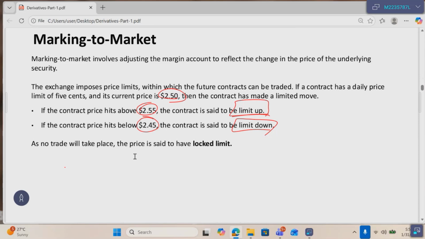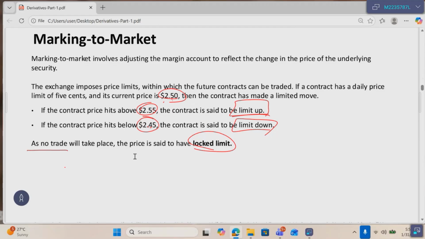So I do have a position based on that, but I need to look at what's the amount involved. They're saying no trade will take place, because of the lock limit. Obviously, if it goes lock, you can't do much. Correct? They say trade can't take place. And the exchange imposes price limits within which you can trade. So you have to ensure that your price is somewhere within these limits.